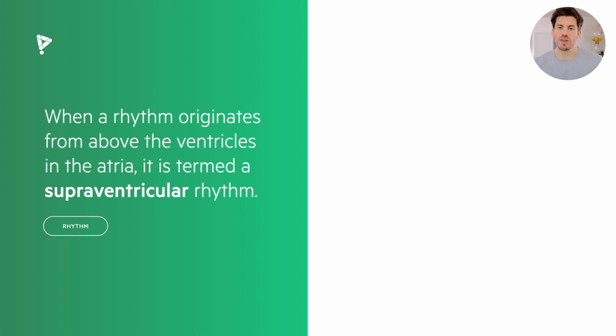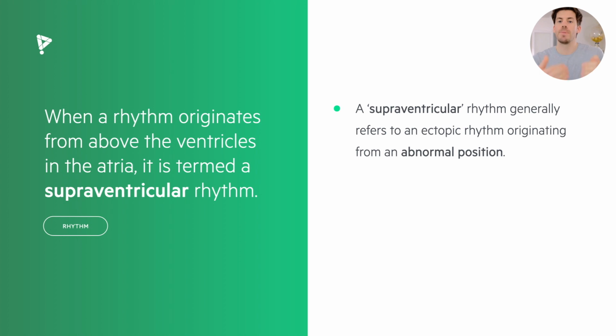The final thing to think about with rhythm before we look at ectopics is working out whether the rhythm is originating in the atria or in the ventricles. When a rhythm originates from above the ventricles in the atria, we term it a supraventricular rhythm. A supraventricular rhythm generally refers to an ectopic rhythm originating from an abnormal position.